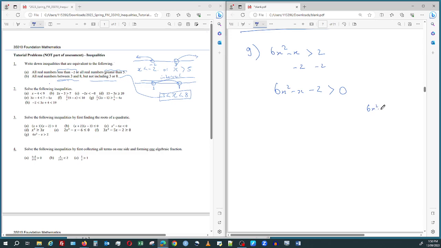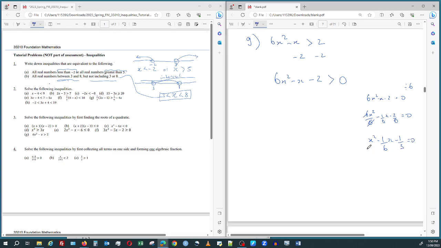So 6x squared minus x minus 2 is equal to 0. Divide through by 6. So they'll cancel, so we're left with x squared minus 1/6 x. Now minus 2/6 is minus 1/3.